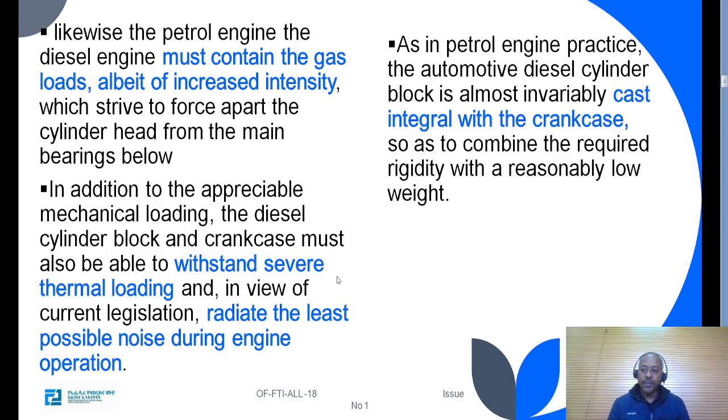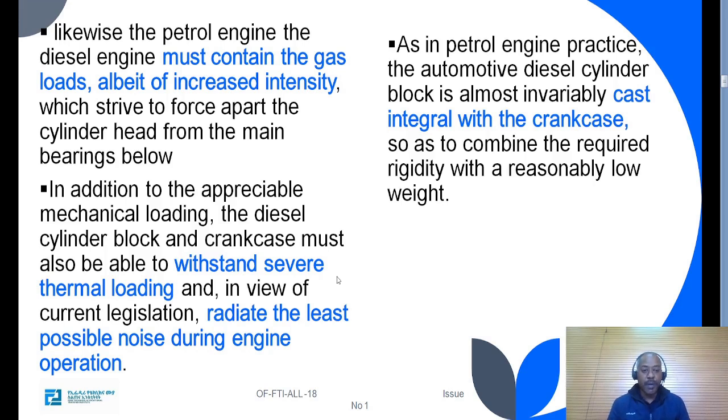Likewise, the petrol engine. The diesel engine must contain the gas load, albeit of increased intensity, which strives to force apart the cylinder head from the main bearing below. In addition to the appreciable mechanical loading, the diesel cylinder block and crankcase must also be able to withstand severe thermal loading, and in view of current legislation, radiate the least possible noise during engine operation.